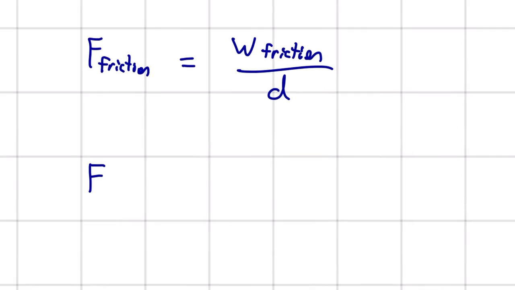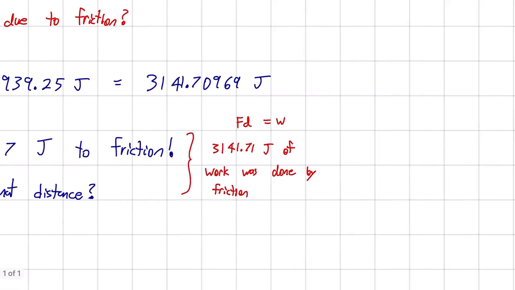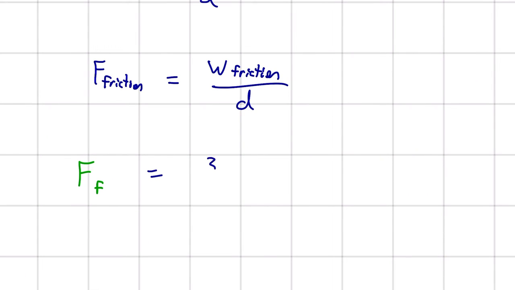So force of friction, I'm going to do that in green, is equal to the work done by friction, this value that we found here: 3,141.70969, and the units were joules, but I'm going to write it now as kilogram meters squared per second squared.